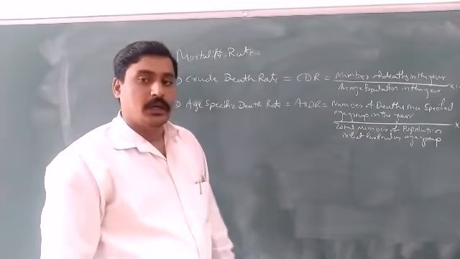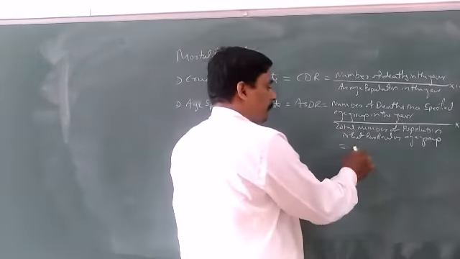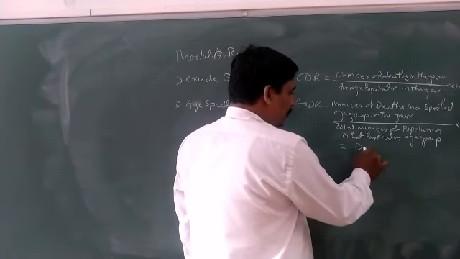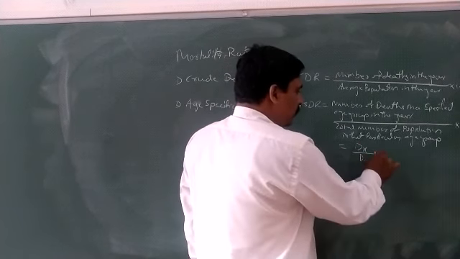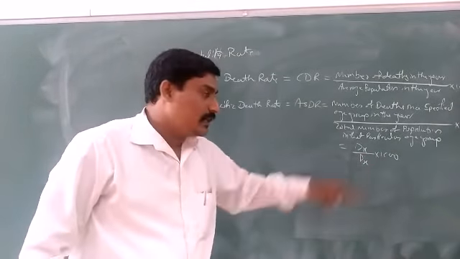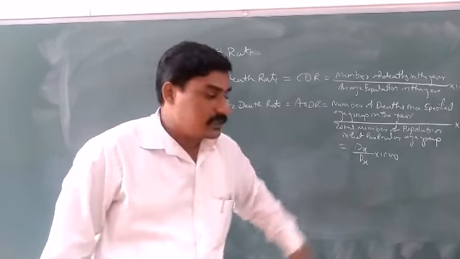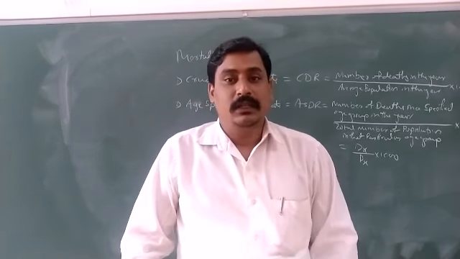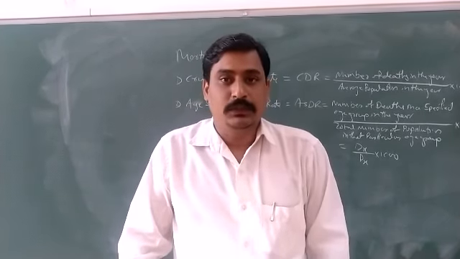We can write this in short as dx divided by px into 1000. So dx indicates deaths in the x age group and px indicates population in that x age group.